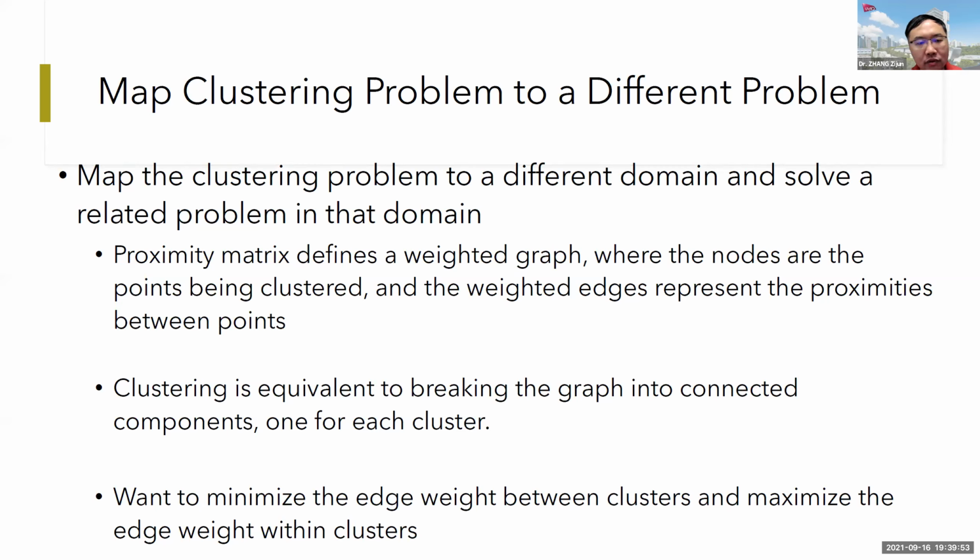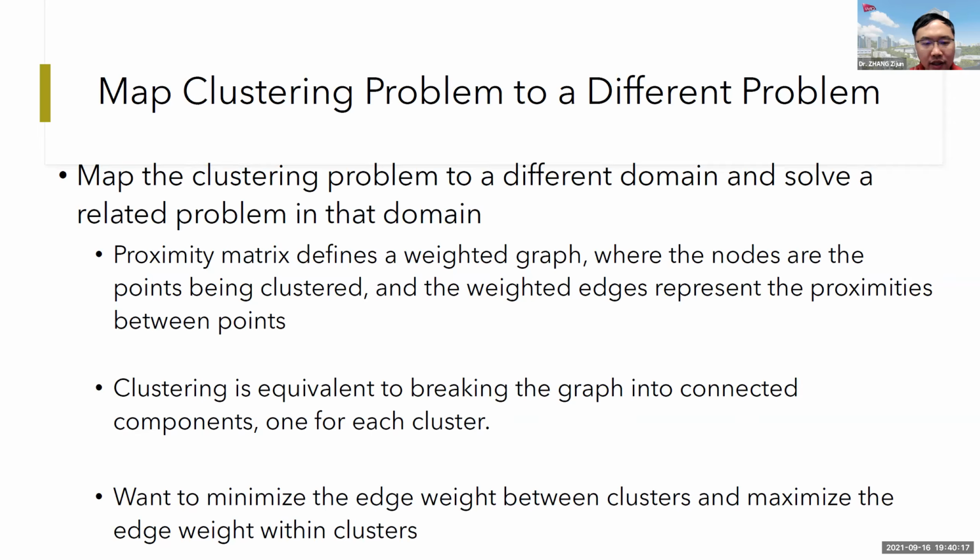So for example, we can first use a proximity matrix, which defines a weighted graph, where the nodes are the points being clustered, and the weighted edges represent the proximity between points. Okay, so this is one use of clustering.